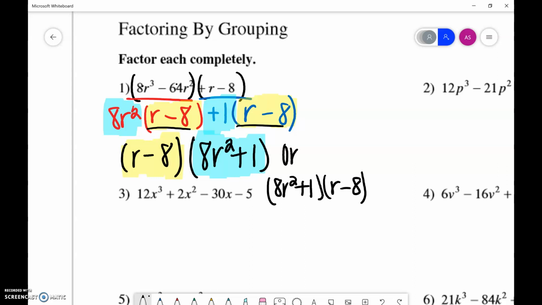Okay. So again, let's recall the steps. So step 1, let's put group terms together. So write this down so you guys can remember this, because with factoring, it's a lot of steps that go along with this. So group terms together.